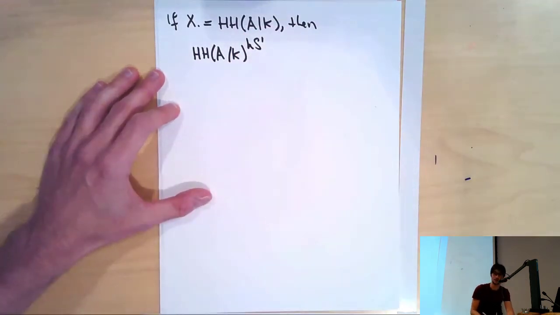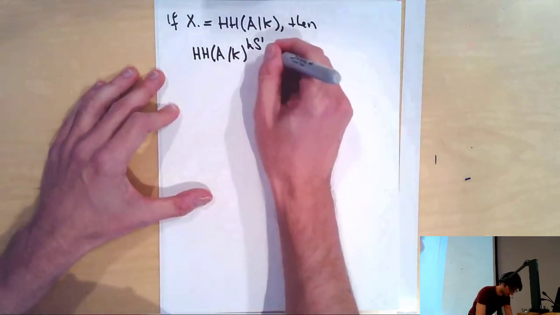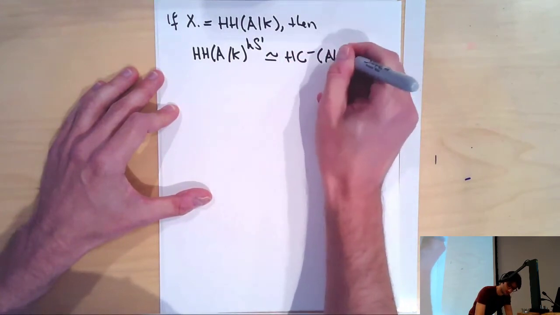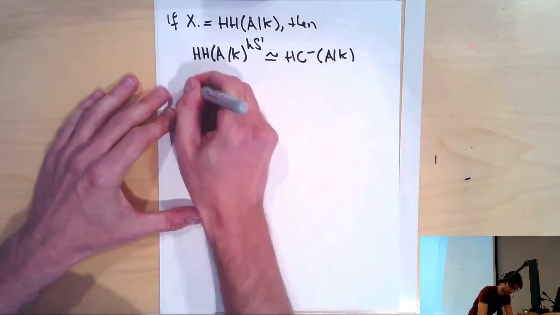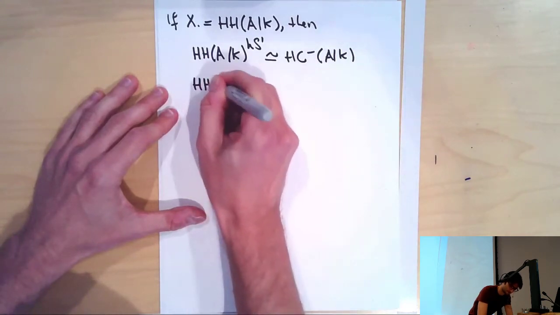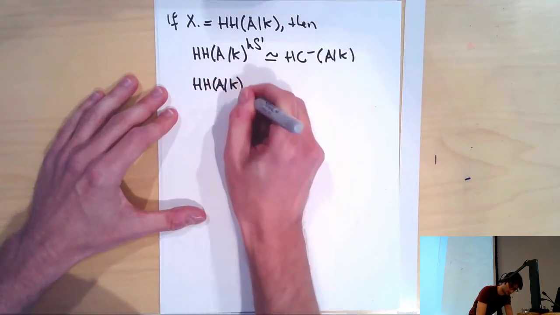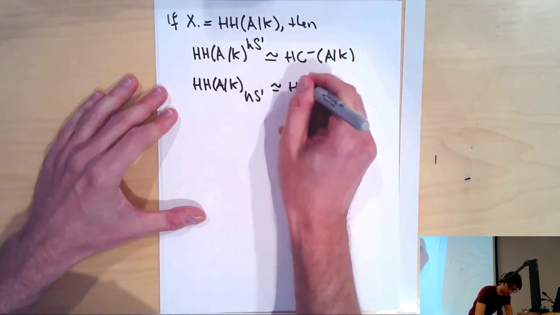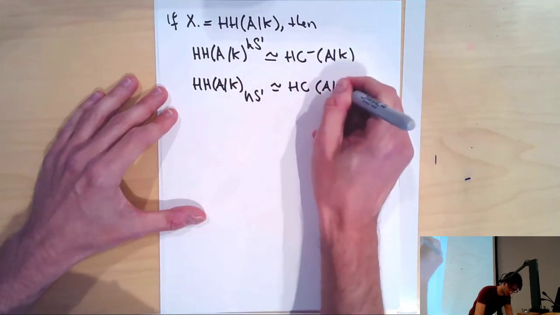So I pass to the S1 cohomology, and that will be nothing other than the negative cyclic homology, which we described explicitly before. And if I pass to the S1 homology, I'll get the cyclic homology.